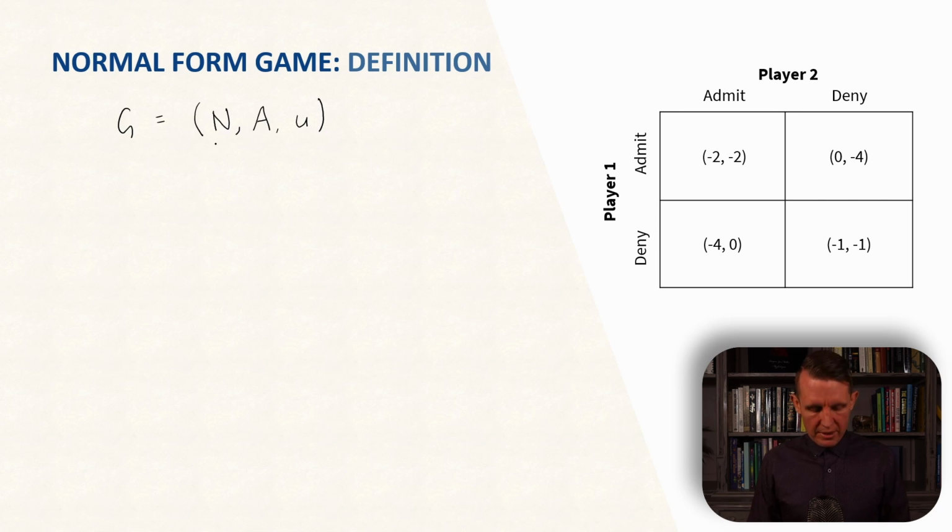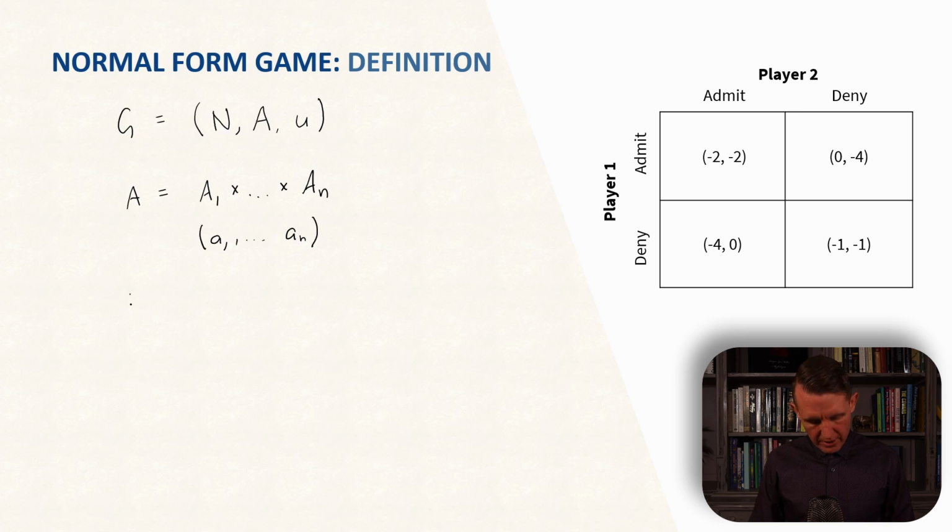N is simply a number that defines the number of agents. A is a set of action profiles, 1 for each agent. And the set A is a cross product of each of these. We can describe an individual action profile, A1, ..., AN, which are the tuple of actions from all agents in a game.